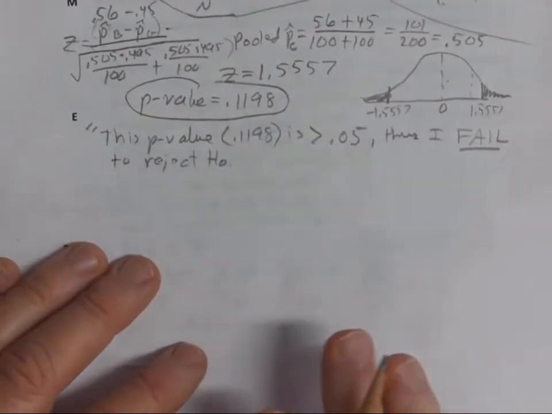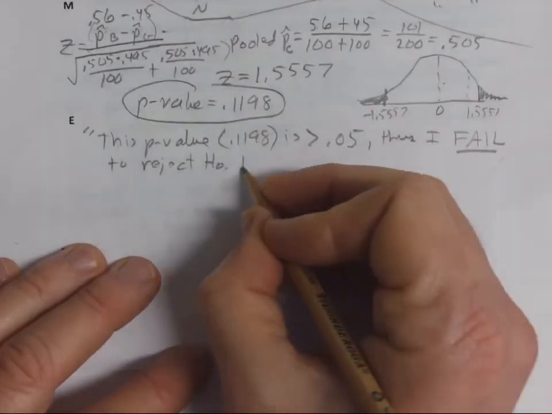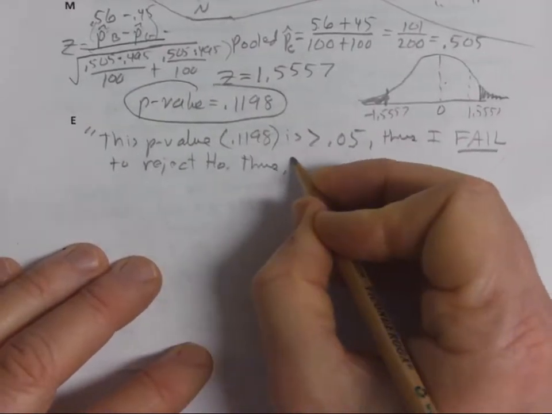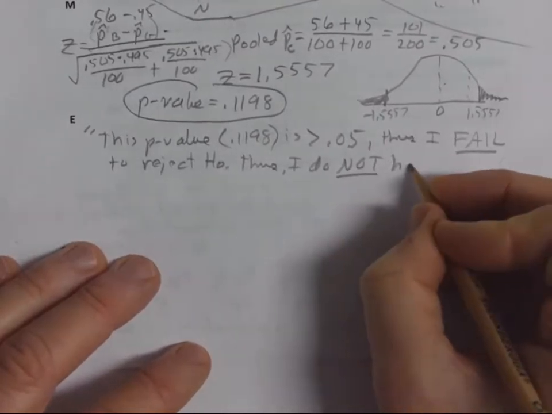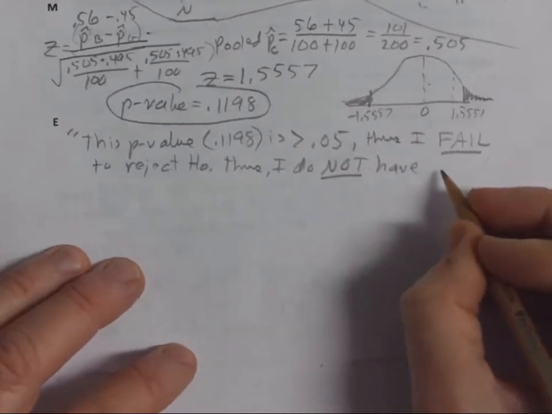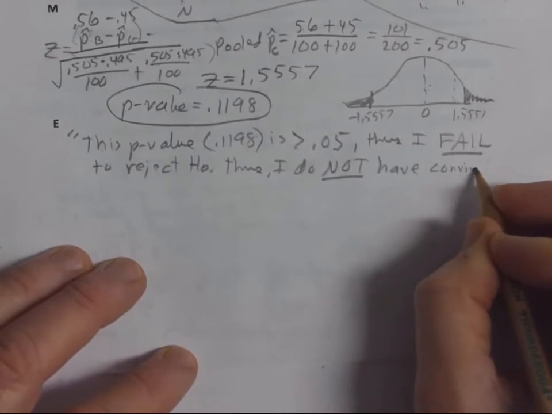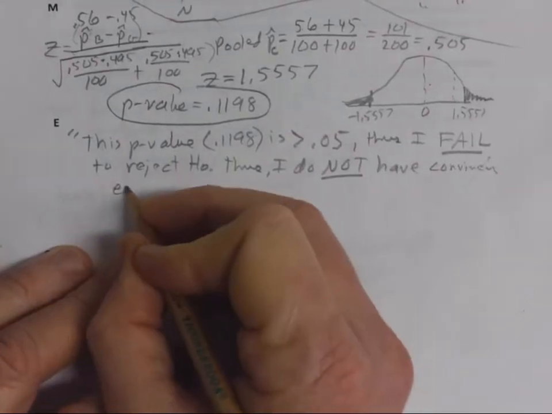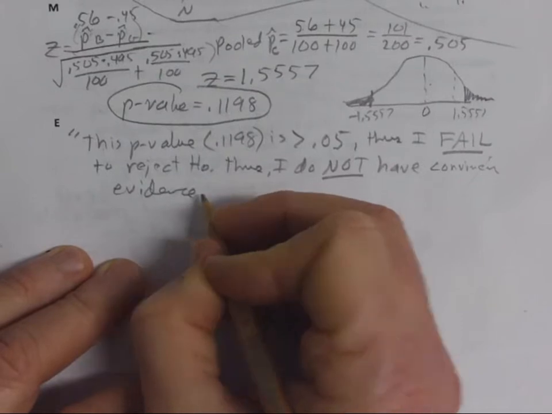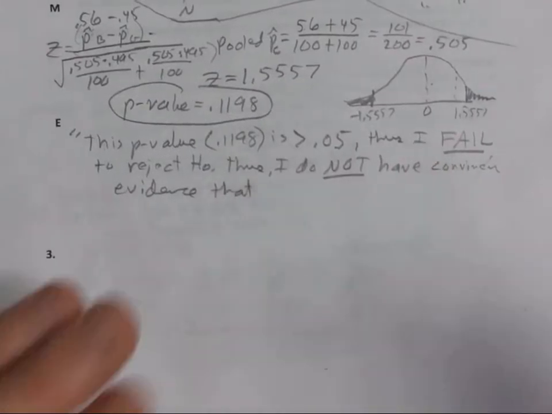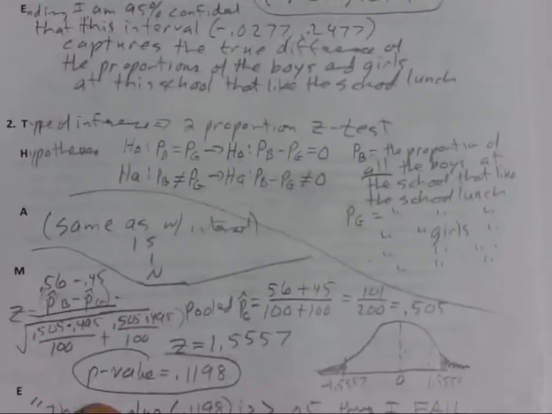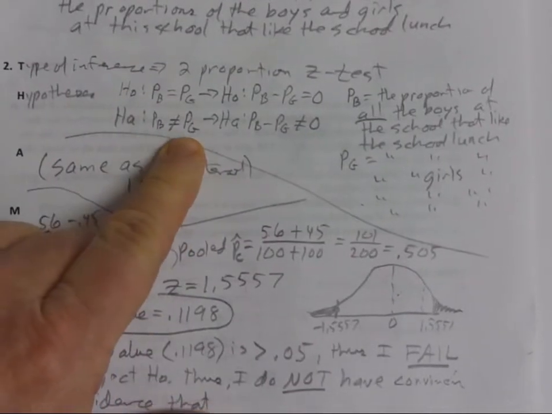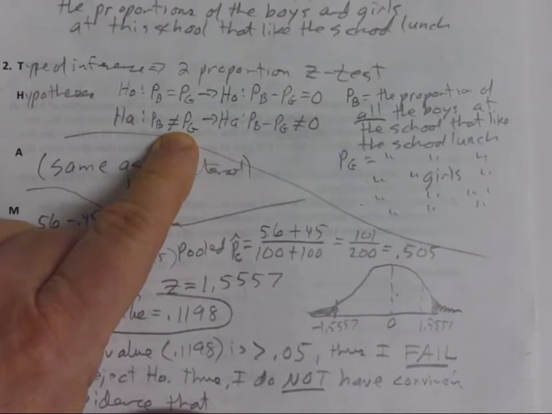And then what we're going to say is, thus, I do not have convincing evidence that, and at this point you're going to restate the alternative in context. You're going to restate this thing in context, saying what those things are. So that's what I'm going to do.